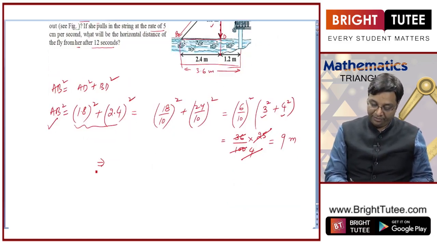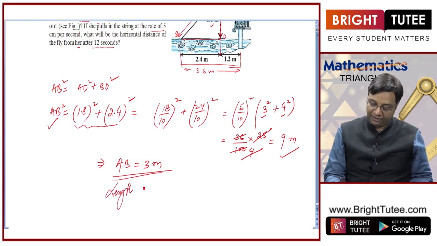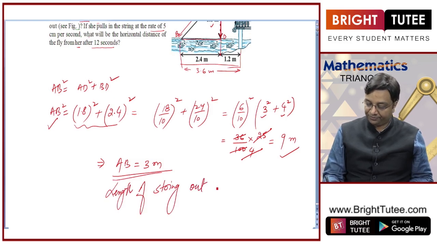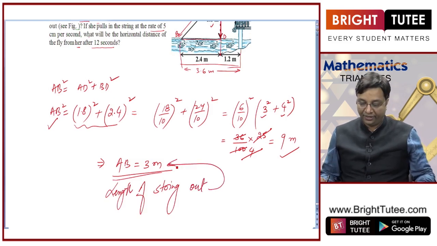So what will be AB or length of string? It will be square root of 9, that is 3 meter. This is the length of string out, 3 meter, right?